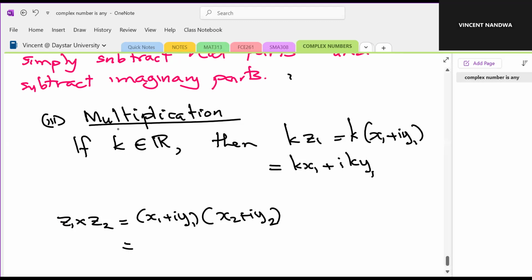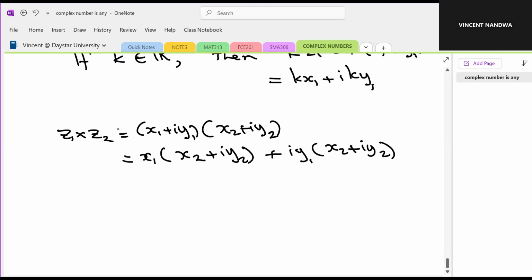So you write this as X1 times the second complex number X2 plus iY2, plus iY1 times X2 plus iY2. And then you open the bracket, so we'll have X1X2 plus iX1Y2, plus Y1 times X2 will be iX2Y1.